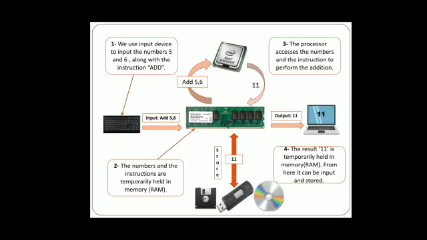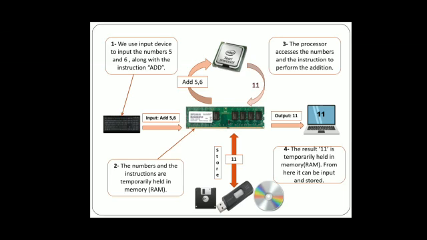To understand the working of RAM, there is a picture on your screens. The number one process is when we use input device to input the number 5 and 6 along with the instruction add. So what we do, we will input two numbers 5 and 6 with the instruction add.